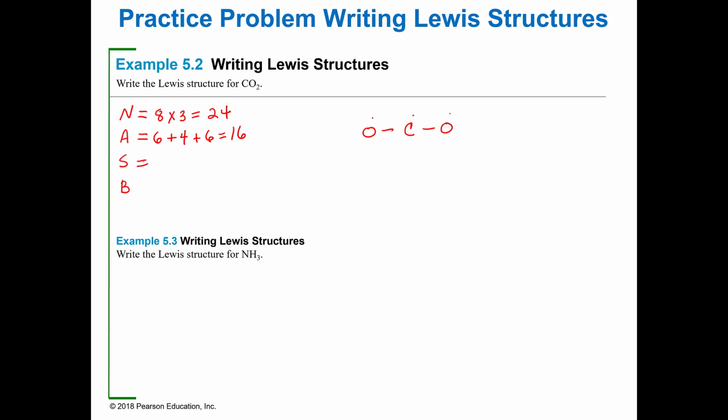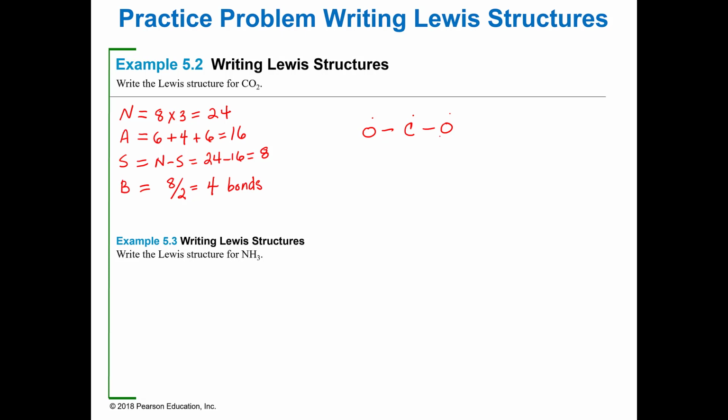The shared is going to be N minus S, or 24 minus 16, and that's going to be 8. And so according to this, it's predicting that 8 divided by 2 is 4 bonds. So when I look at my carbon, I see that I have oxygens and I have carbons.